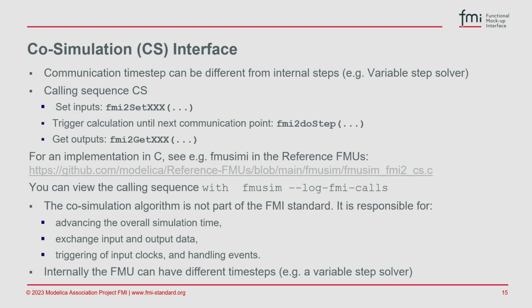The typical calling sequence according to the FMI standard is that you set input values, then you make a do step, so you advance time, internally the propagation of time is calculated, and then you get outputs.